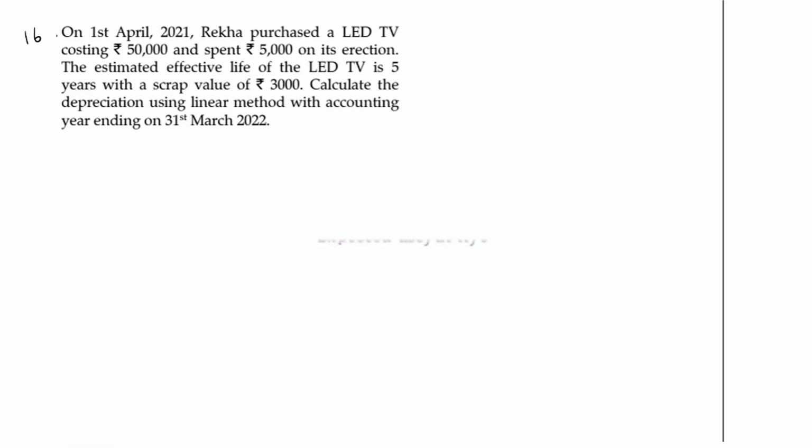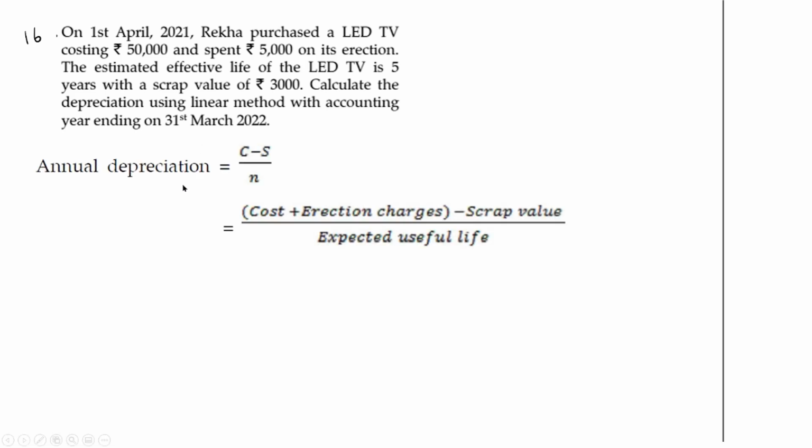So depreciation is very easy. Annual depreciation using linear method, the formula is C minus S by N, where C represents cost plus erection charges, S is the scrap value, and N is the expected useful life.